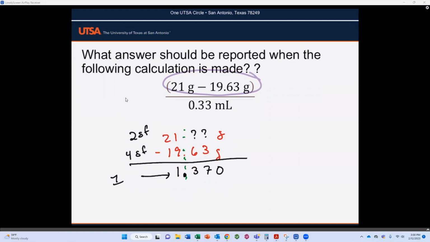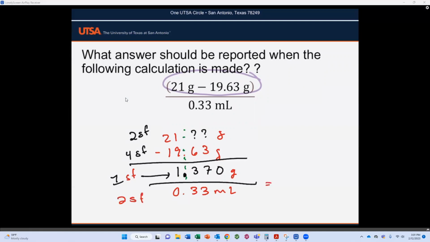I just can't. Okay. And so what I end up doing is now the second half of my calculation, I'm going to divide this by 0.33. Oops, I forgot my units. Okay, keeping in mind that I have 1 significant figure. Yeah, sure, I have 2 sig figs here, but who cares?